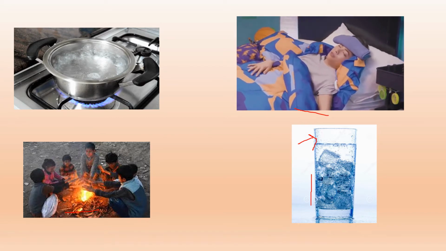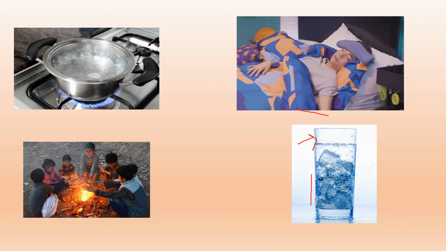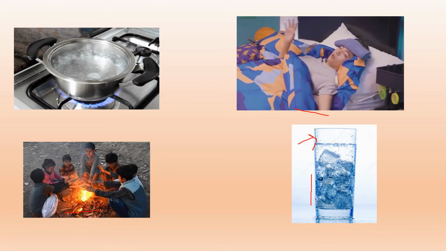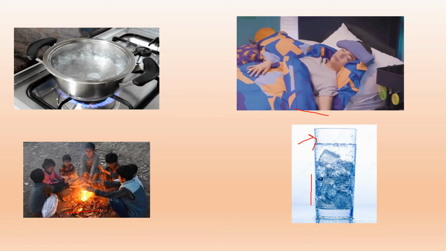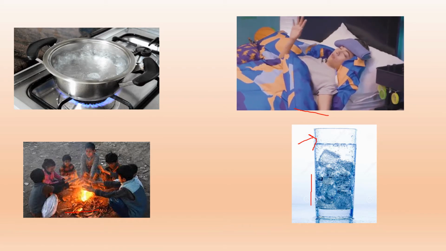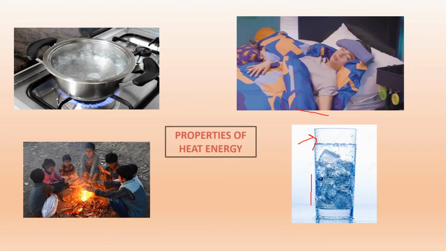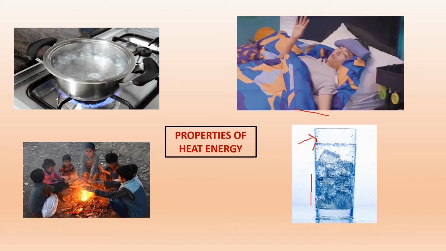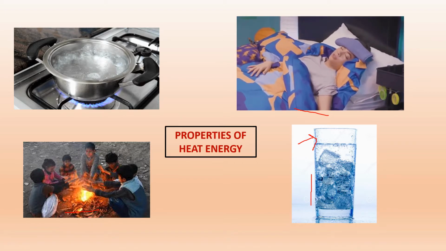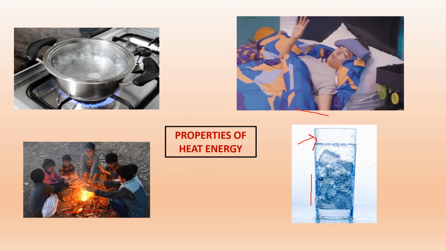The girl is not feeling well, that is, her body temperature is high, and due to the heat outside, there are water droplets on the outer surface of the glass. So these are all the properties of heat energy. In all these examples, heat energy is involved in some way or the other.